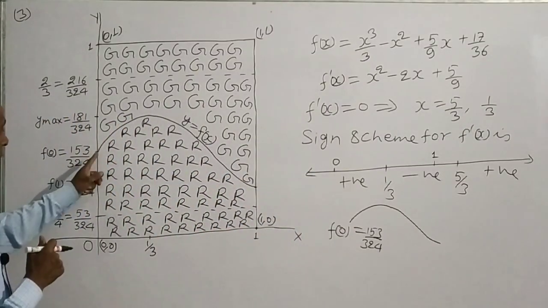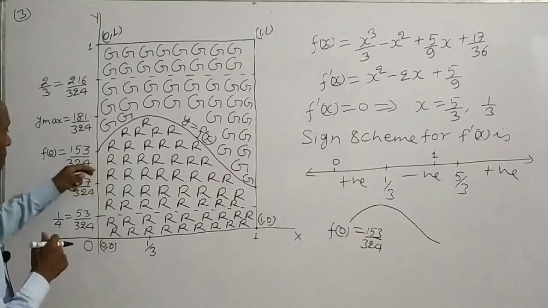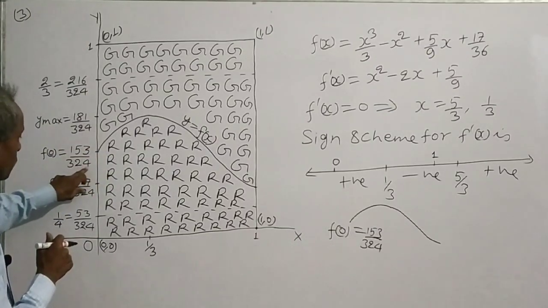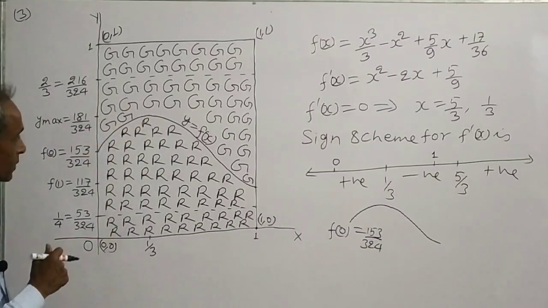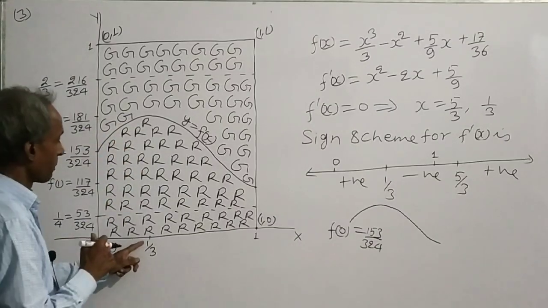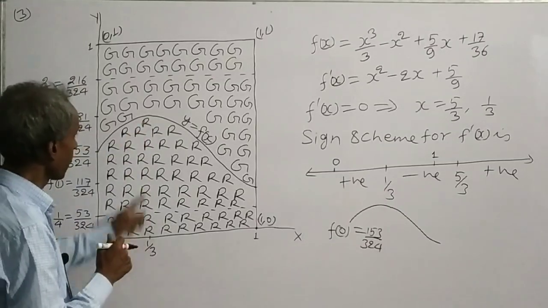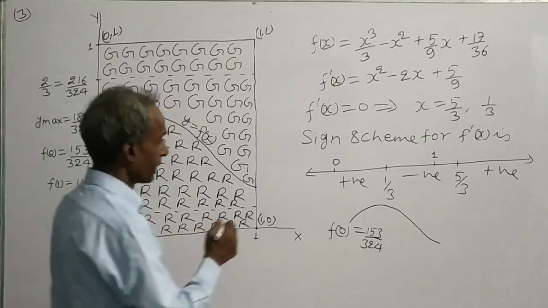That means the curve starts from a height of 153/324 and has maximum height at 1/3.